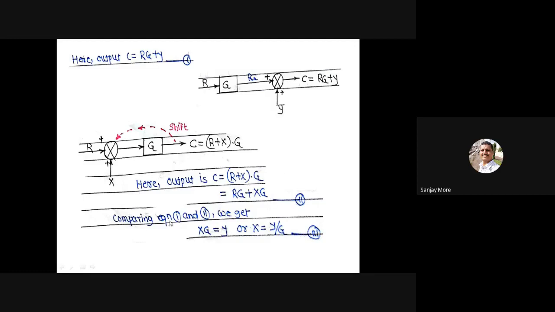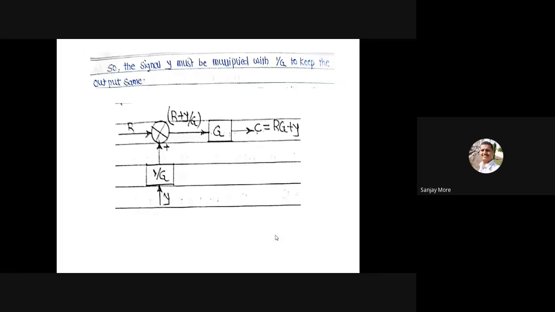This is equation number 2. Comparing equation 1 and 2: equation 1 is C equals RG plus Y, and C equals RG plus XG. Therefore, XG equals Y, or X equals Y divided by G. This is equation number 3. So the signal Y must be multiplied by 1 divided by G to keep the output the same.